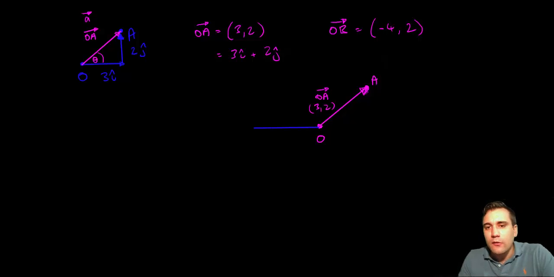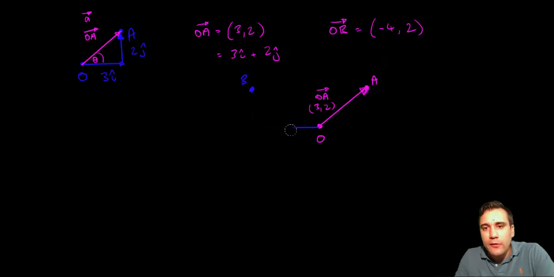Negative i direction. So this is -4i, right? We're heading off this way, because remember, by convention, positive to the right, negative to the left. And then we're traveling up too. So we're going to end up somewhere over here, and this point here will be point B.